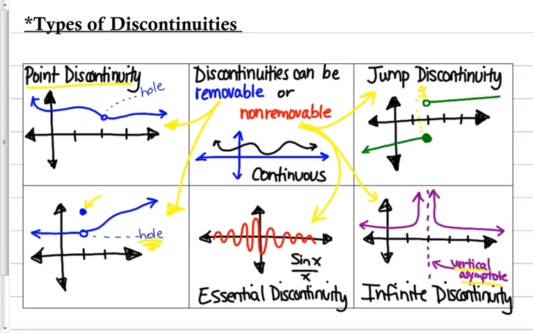But there is a break in the graph. It's not continuous. For example, if this were actually a graph, and let's call that 2, at x equals 2, there would be an infinite discontinuity. This graph would be continuous everywhere except for right at that point. Okay, so these are the types of discontinuities.